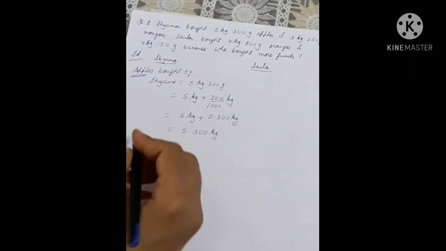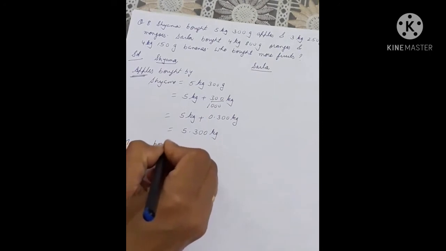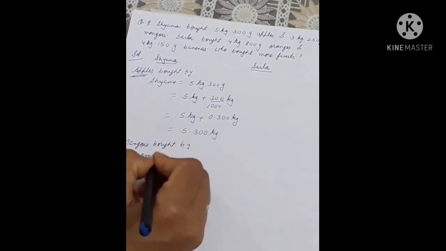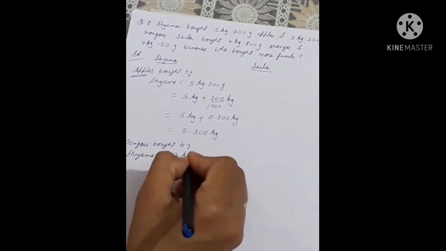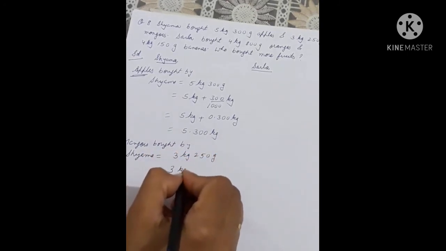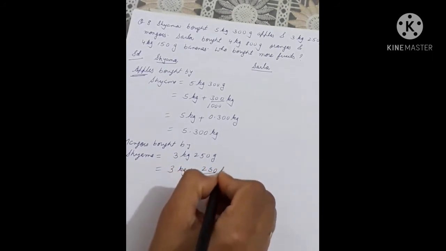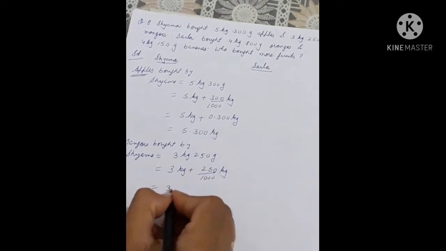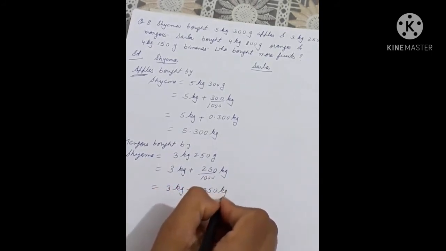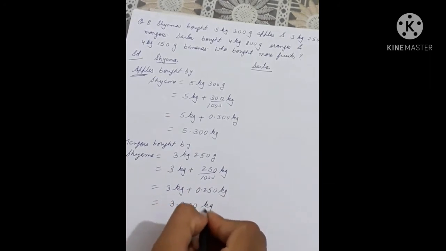Then she bought mangoes. So mangoes bought by Shama equals 3 kg 250 grams. This also you have to convert to kilograms. So 3 kilograms plus 250 upon 1000 kilograms, that is 3 kg plus 0.250 kilograms, equal to 3.250 kilograms.